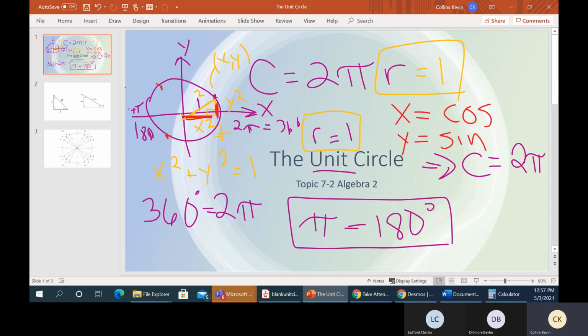Okay. So there's certain angles that we talk about a whole lot in trigonometry. And those angles are multiples of 30, 60, 90, that kind of thing. And then also multiples of 45. So 45, 90, and then we'll continue on to 135, 180, that kind of thing.